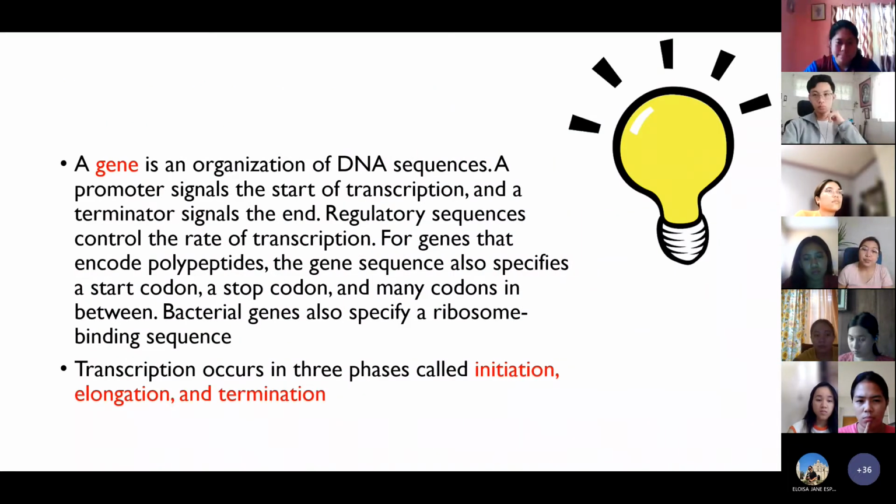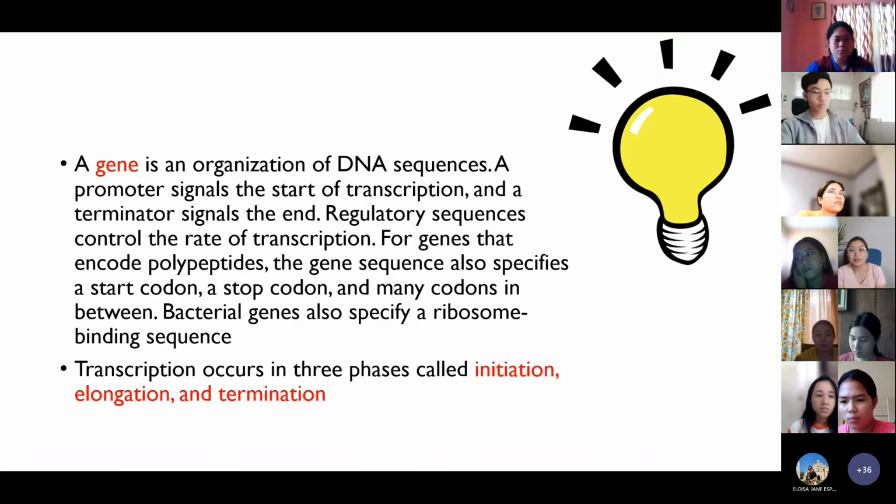So, in summary, our gene is an organization of DNA sequences. You have your promoter, which would signal the start of transcription, and the terminator will signal the end. You have your regulatory sequences that would control the rate of the transcription, and we have genes that can encode polypeptides.